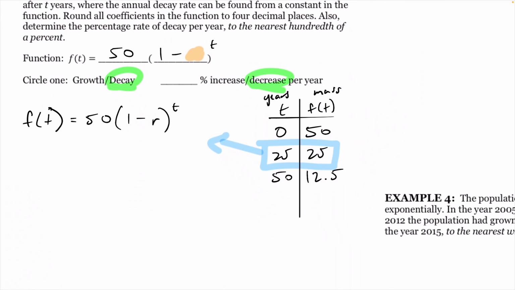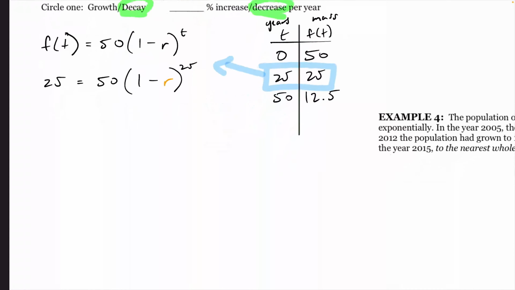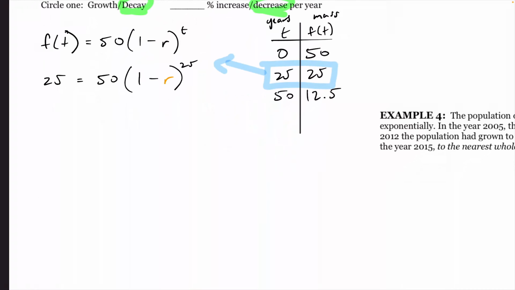For t, I'm going to put 25, and for f of t, I'm going to put 25. So it's going to be 25 equals 50 times (1 minus, I don't know what r is) to the 25, and that's 25 years. Solve for r.